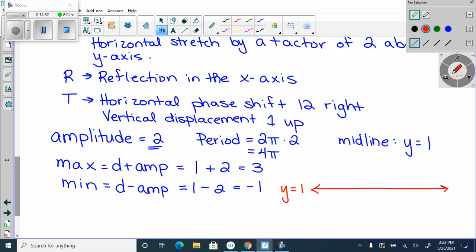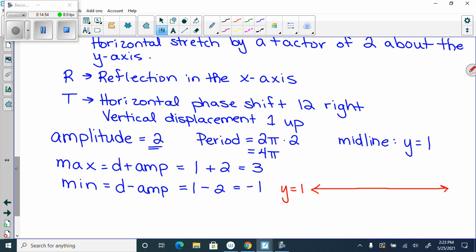If I add to it my amplitude and subtract from my amplitude, I'll get the highest and lowest I'll go. So my amplitude is 2. So if I'm at y equals 1 and I add 2 to it, I'm going to be at y equals 3, correct? And if I'm at y equals 1 and I subtract 2 from it, I'm going to go 1 down to 0 down to negative 1. So that's why it's midline plus amplitude, midline minus amplitude. Okay?